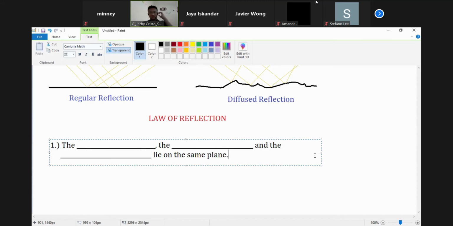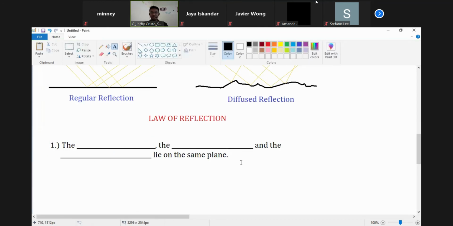Could you identify the three important terms to complete this law? What are those missing terms here? Who would like to give the answers for this? So what are the three missing words here to complete the first part of the law of reflection?